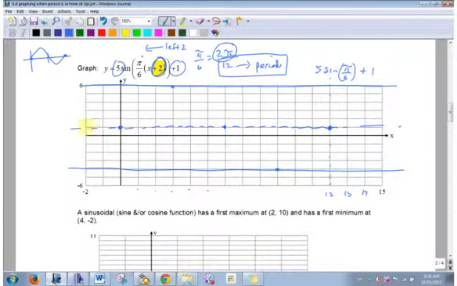So 1, 2, that one's going to be maybe a different color. There. 1, 2, that one's going to be there. That guy's there. That guy's there. That guy's there. Nice and around.